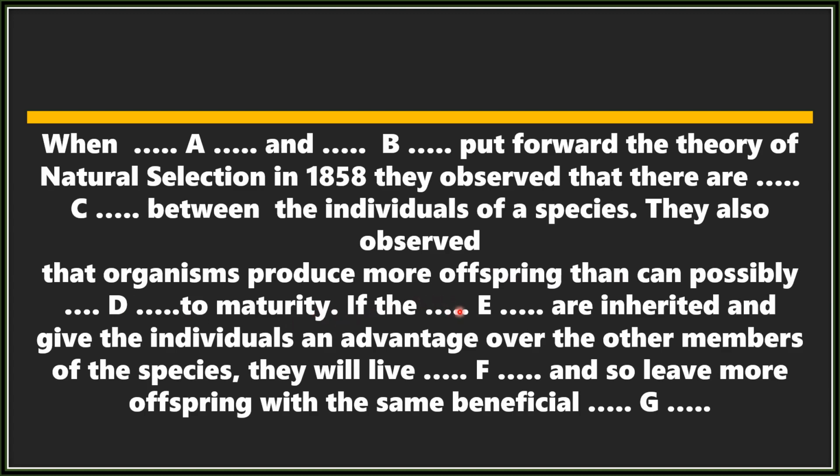If the dash are inherited and give the individuals an advantage over other members of the species, they will leave dash and so leave more offspring with the same beneficial dash.